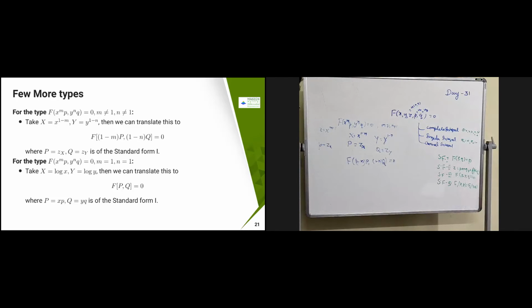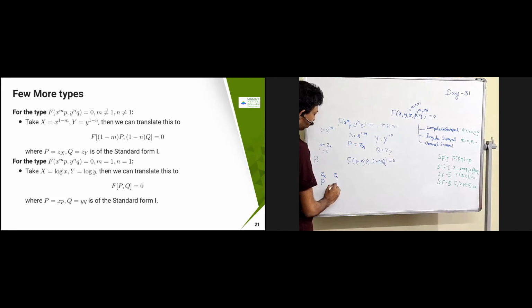Now, if I find z_x, I have to find the relation between this z_x and capital Z_X, that means the relation between this capital P and small p.